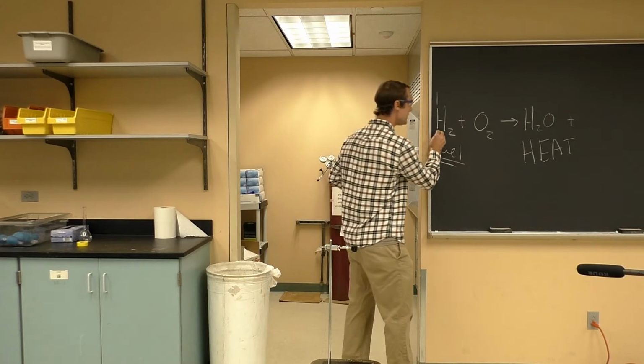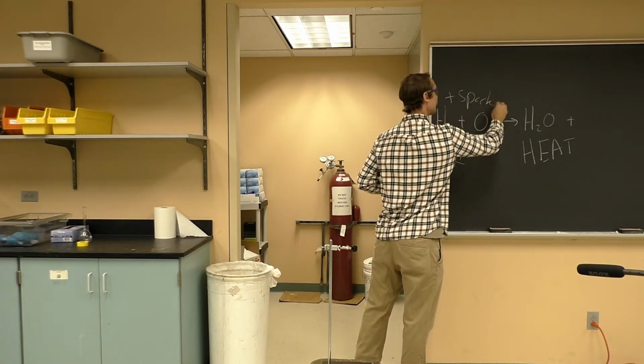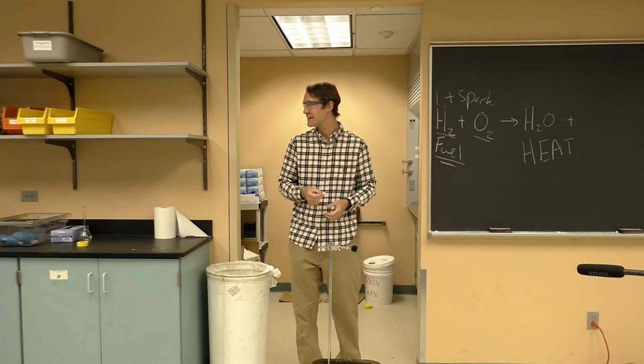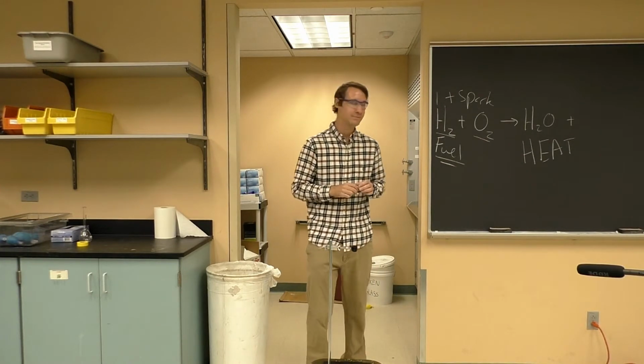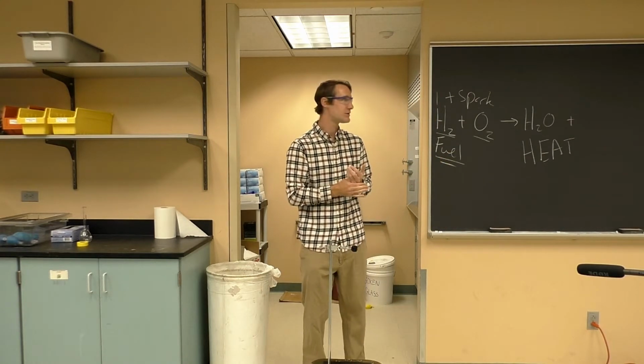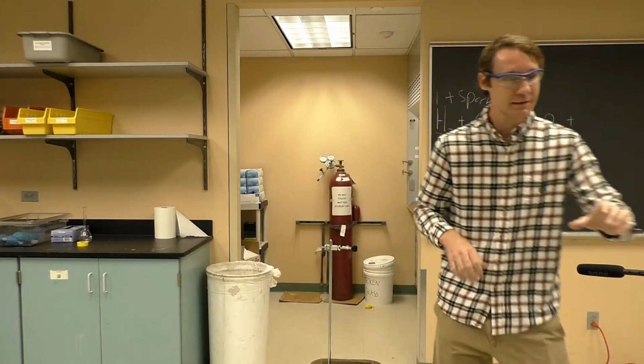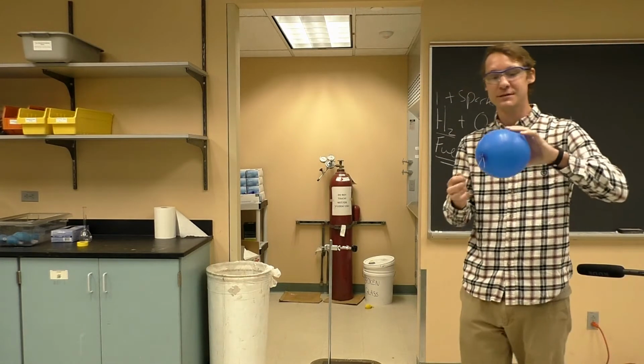And so you need these two things plus a spark, a heat source to get it started. In this case, the match I lit. Okay? And so this is what's happening. We have hydrogen and oxygen plus a spark. We get combustion.